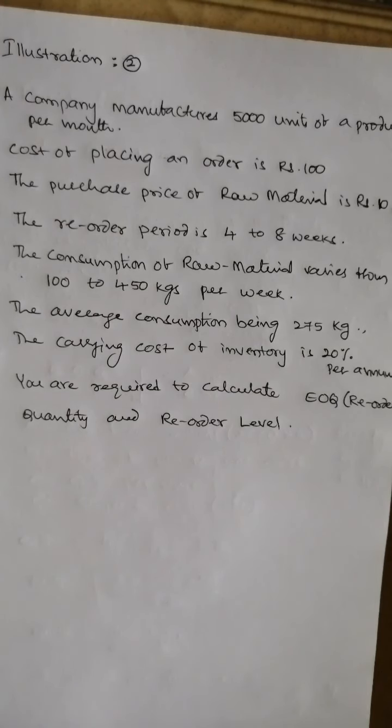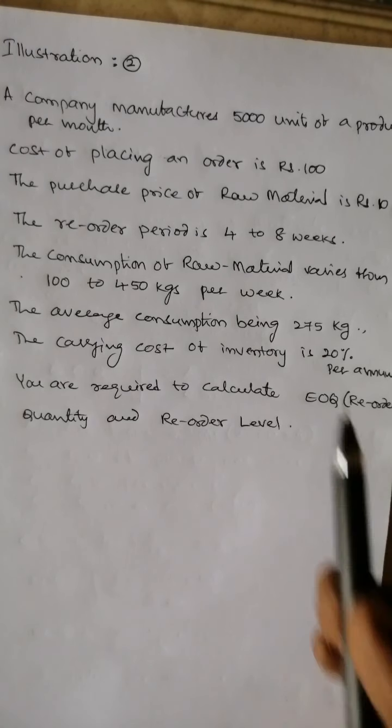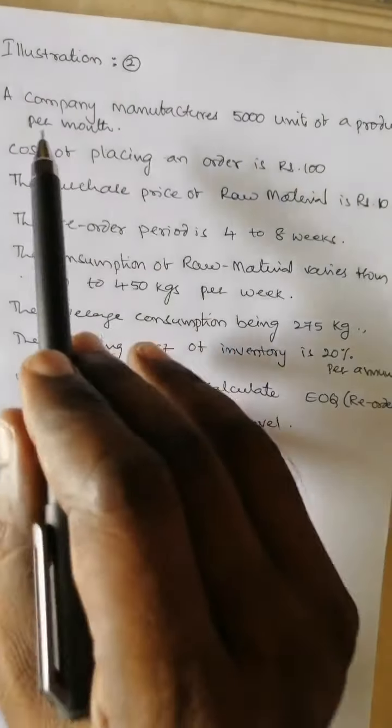Welcome back to illustration 2 on economic order quantity, part of materials cost accounting. In illustration 2, information given is company manufactures 5000 units of a product per month.